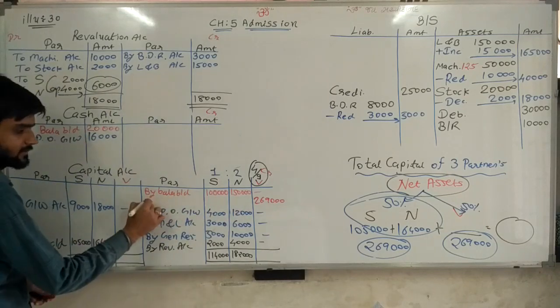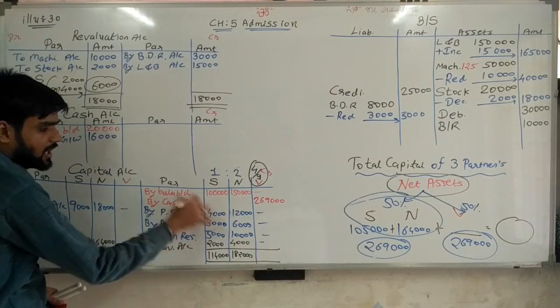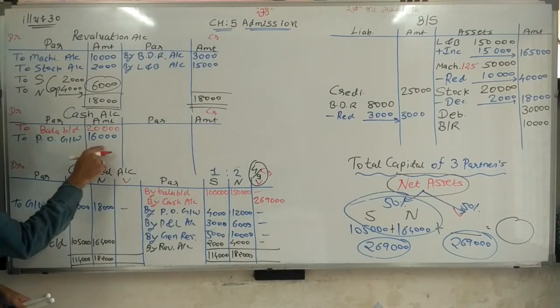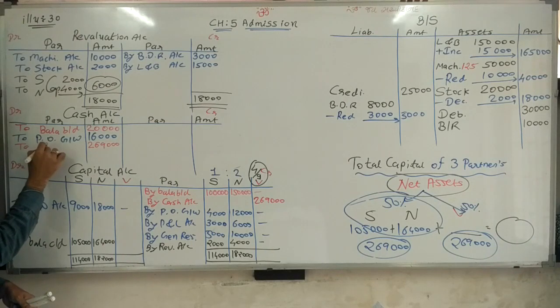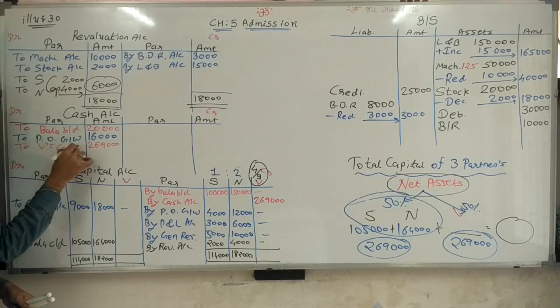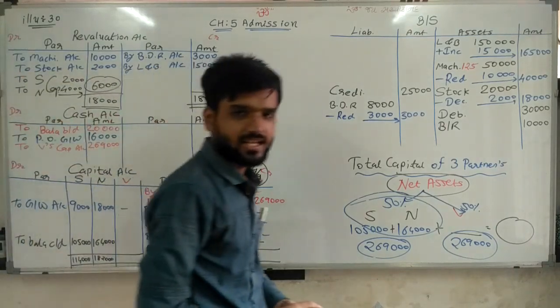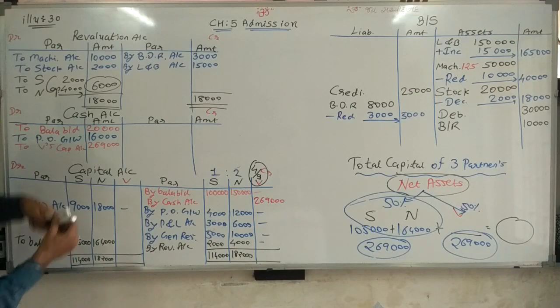And this 269,000 I am writing here, and against it, by cash account, because he brought cash. Cross amount in cash account, and writing name to Vijay's capital account. Now close the accounts. Don't worry.